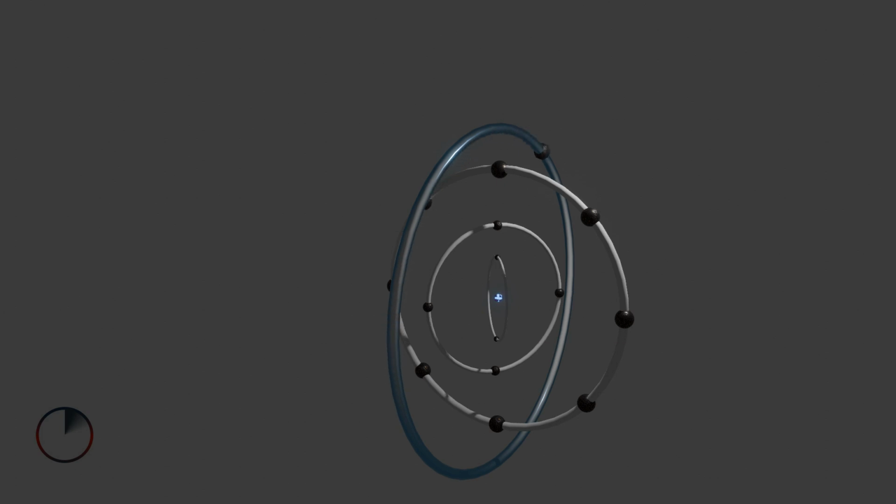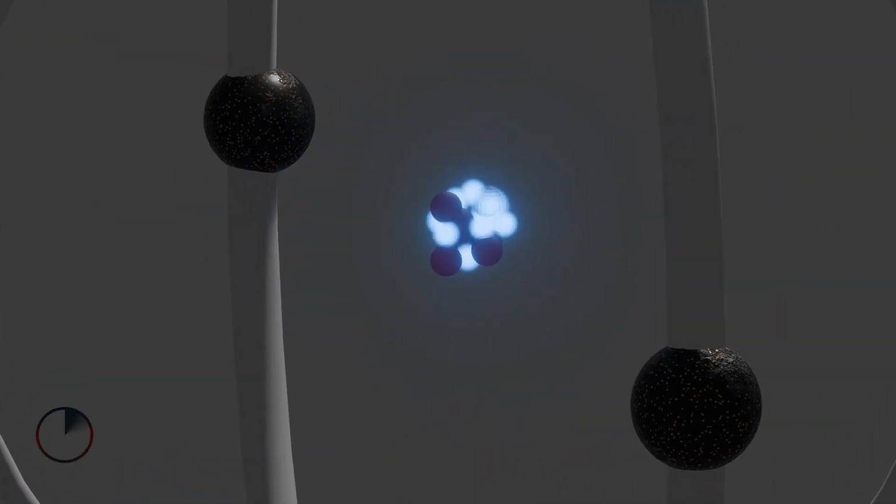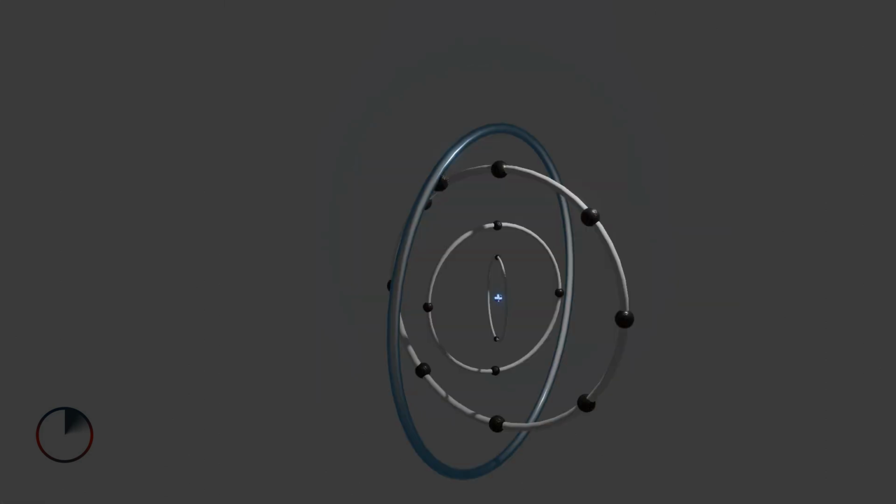The nucleus is made up of protons and is thus positively charged. Because the electron is negatively charged and the proton is positively charged, there is going to be a force of attraction between them.